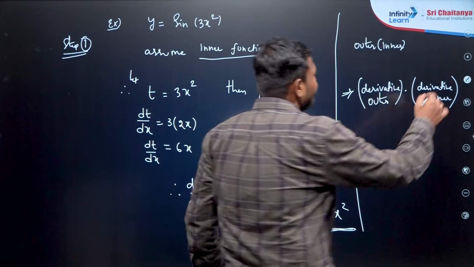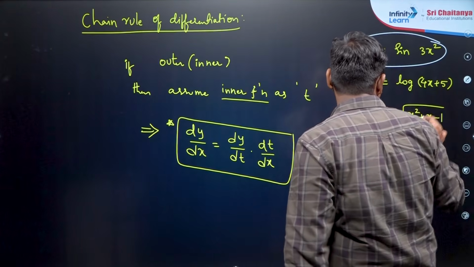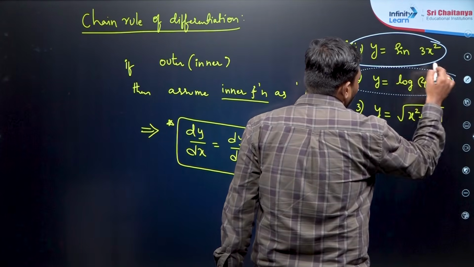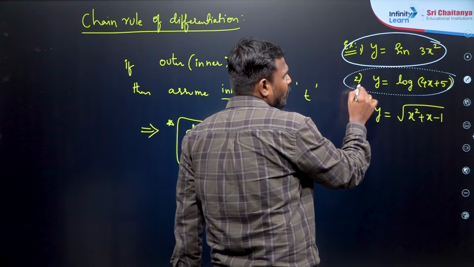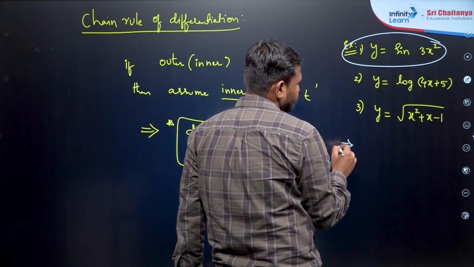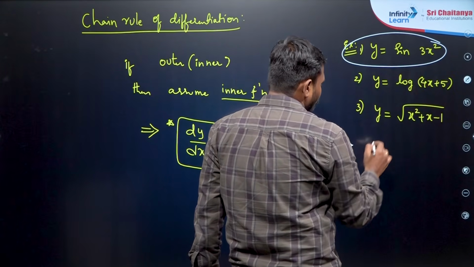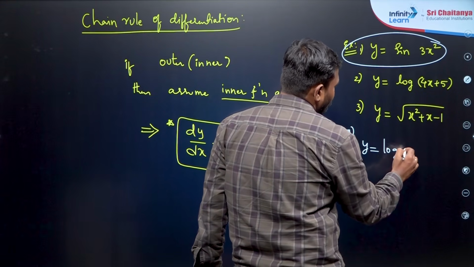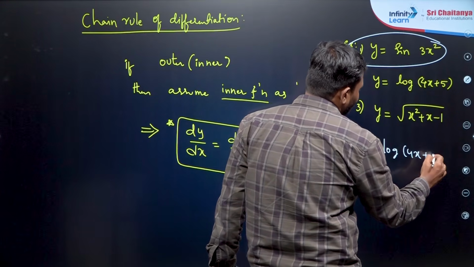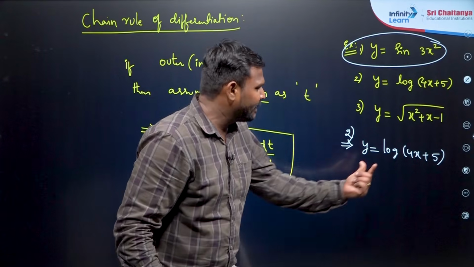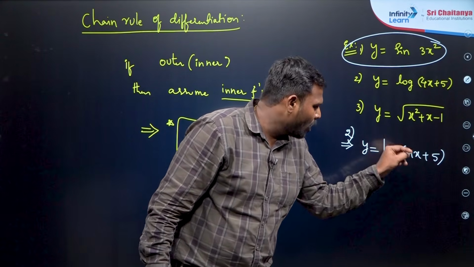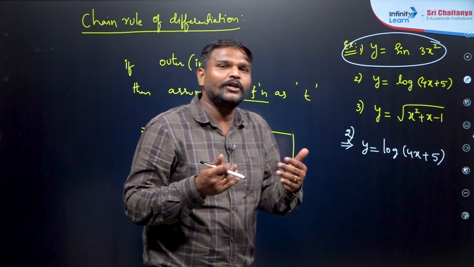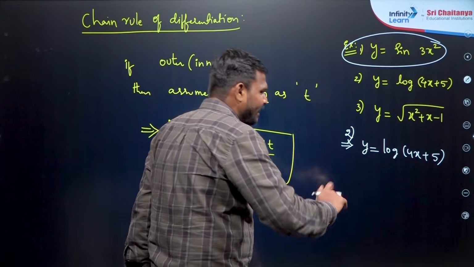We can do the previous question as well. You can see log of something. Log of something, sir. So y is equal to log of 4x plus 5. So obviously, we will take the inner function as t, log t. So what is the derivative of log t? 1 by t.